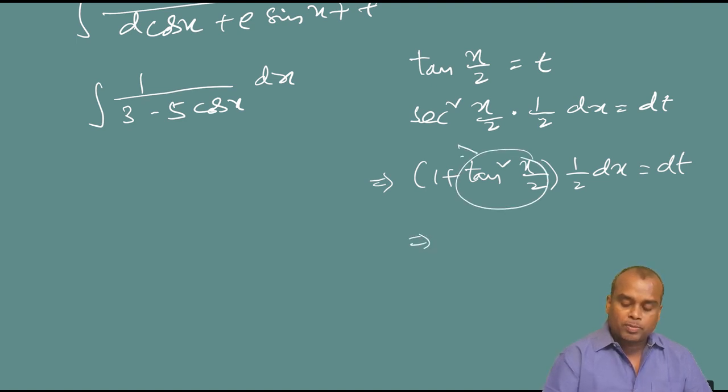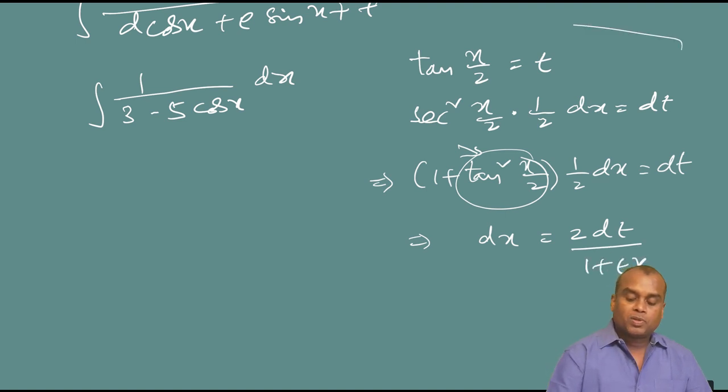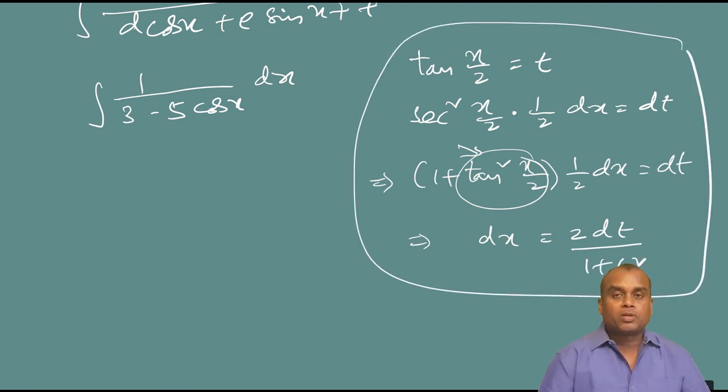So I will get dx is equal to 2 dt by 1 plus t square. When I make the substitution tan x by 2 is equal to t, we have to write everything in terms of t, so differentiating and all that, this is what I am getting.